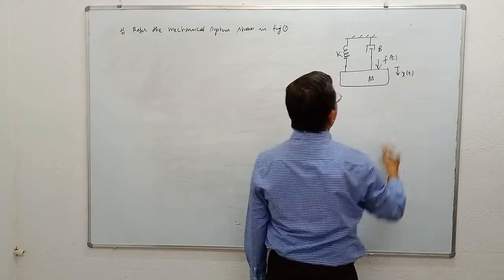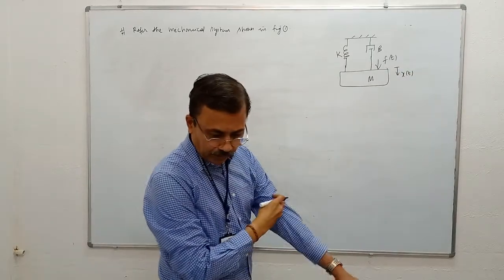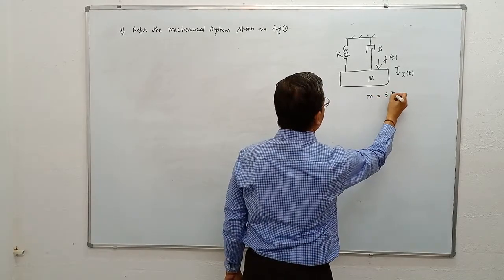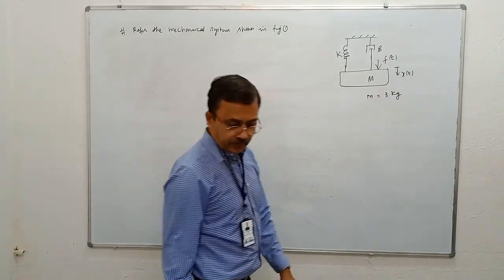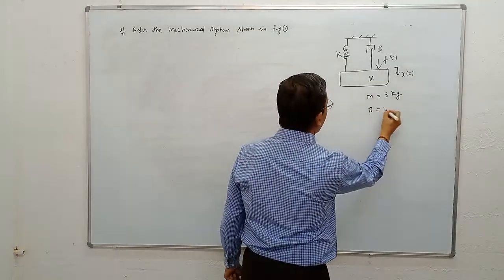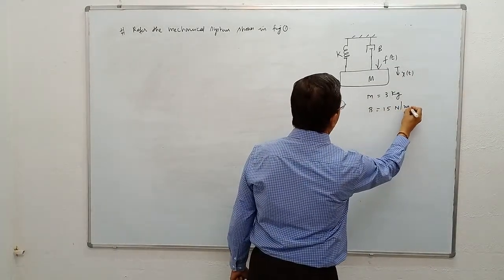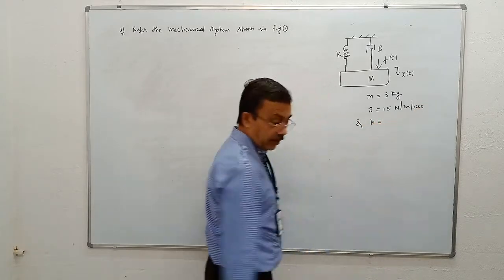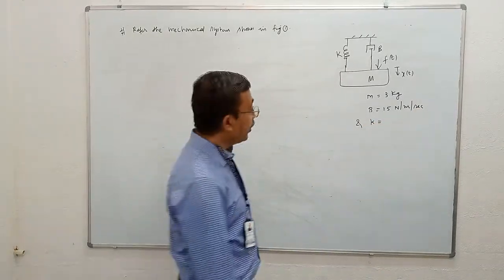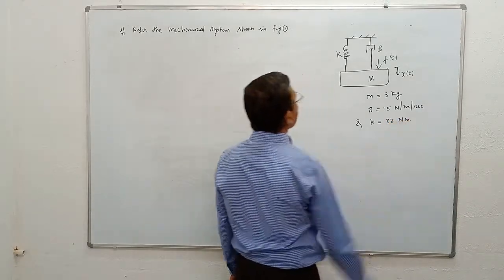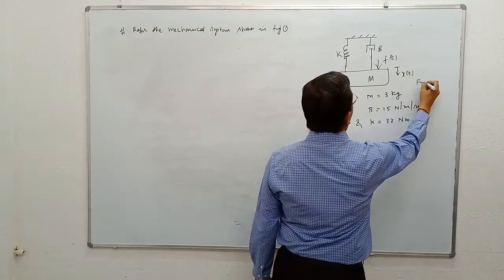Displacement of mass m is x of t. The value of m is 3 kgs, the value of b is 15 newtons per meter per second, and the value of k is 33 newtons per meter. This is figure number 1.